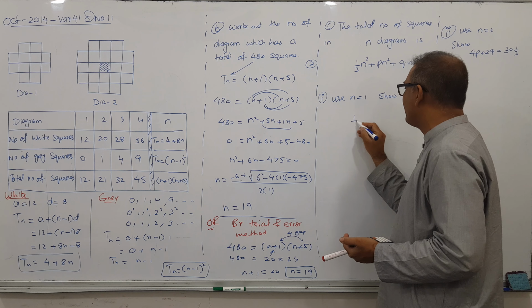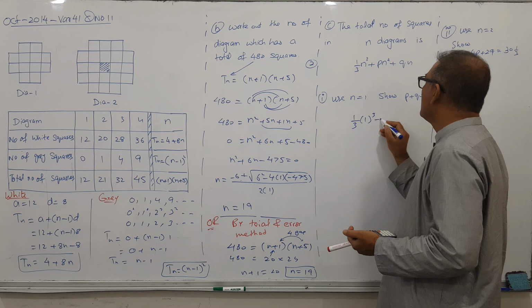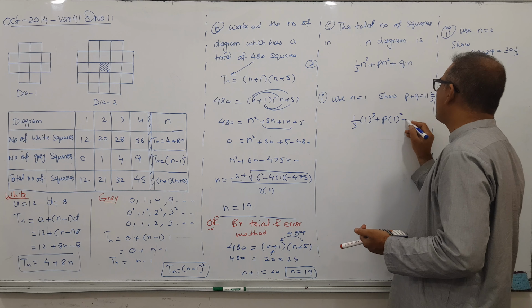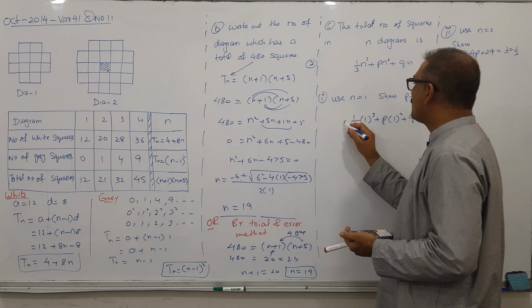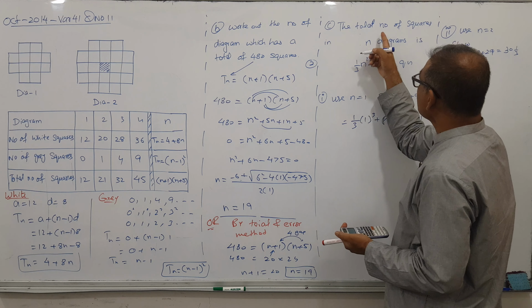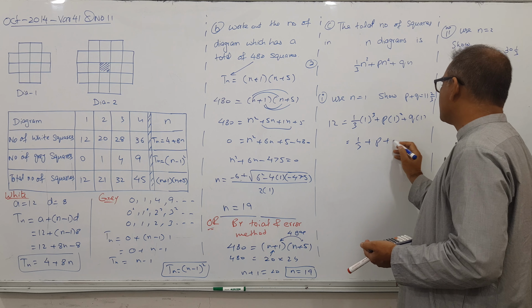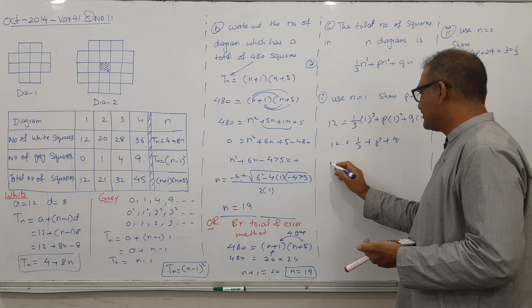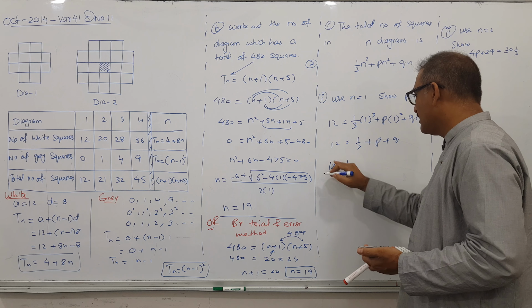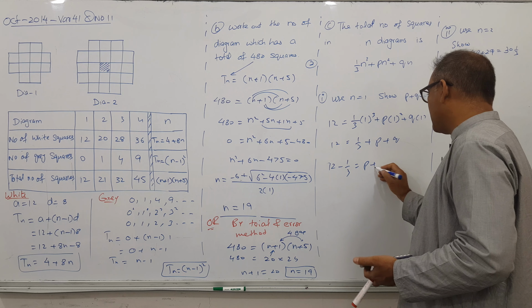So put 1 everywhere. So 1 cube plus p times 1 square plus q times 1 equal to, in one diagram, how many total squares do we have? 12. I need to keep 12. So we got 1 by 3 plus p plus q equal to 12. 12 minus 1 by 3 equal to p plus q.